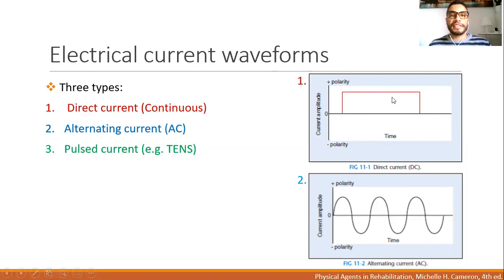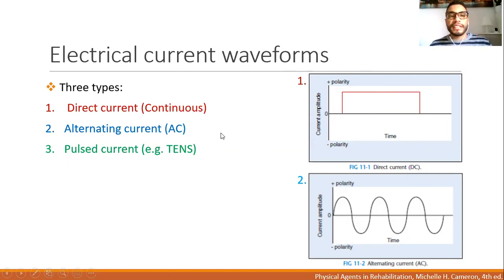The duration here in the direct current is 1 second at least. So this is a unidirectional flow of electrical charges, during 1 second at least.